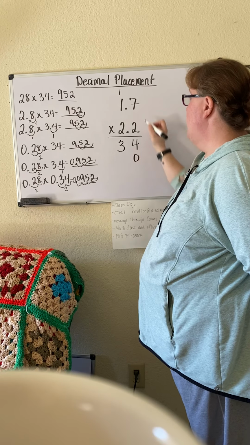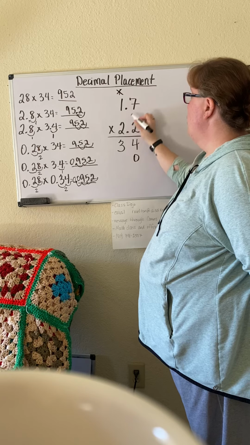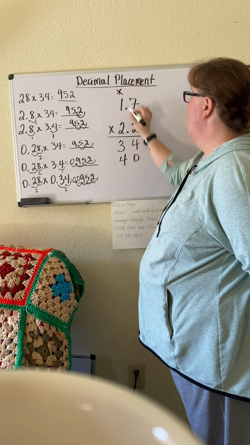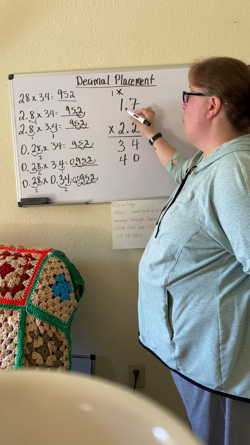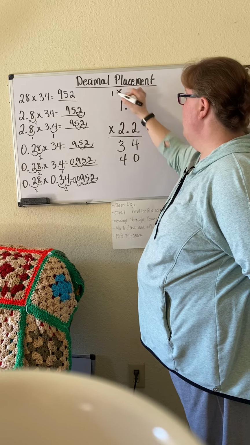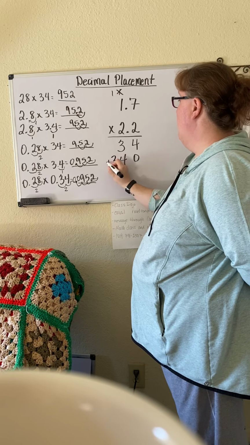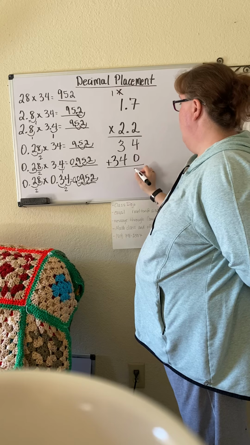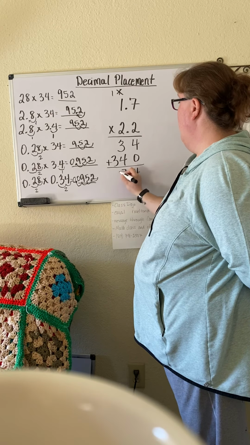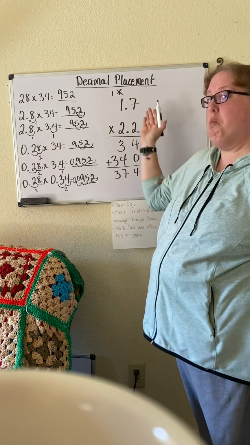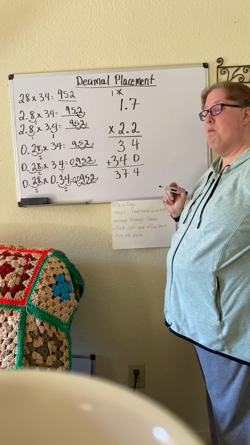I'm going to the 10 spot. 2 times 7, 14. 2 times 1, 2, plus 1 is 3. Now add those together. Okay, that's strictly multiplying whole numbers, right?